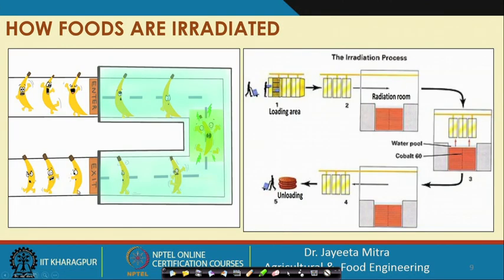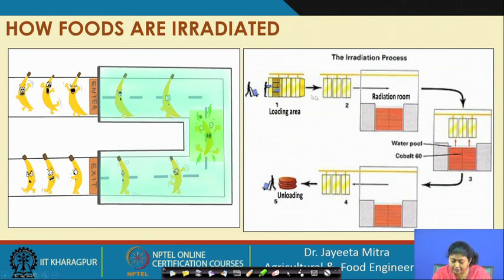So, this is how it is being done. The food enters the chamber where it comes in contact with the source of irradiation, and then when it exits, the microbes have been fully damaged.